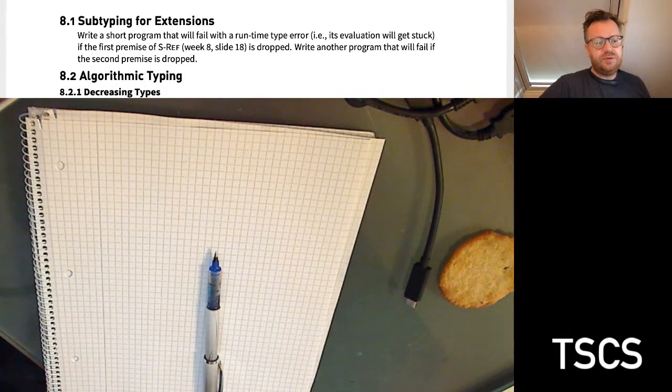Let us quickly pull up the slide for that. That was slide 18. And that's probably the wrong reference.